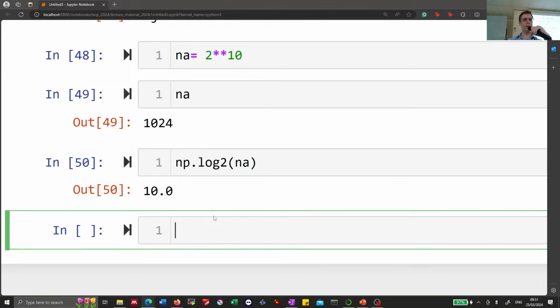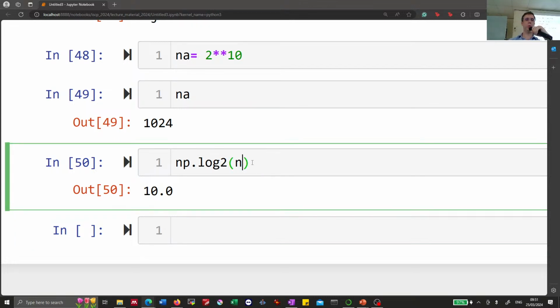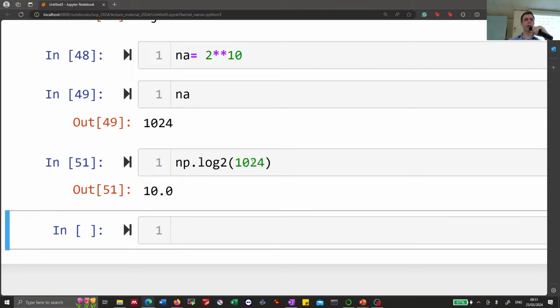So when I ask numpy, hey, numpy log2, what is the exponent of 1024, either through na or I can put in the number directly, it tells me it's 10. Because 2 to the power of 10 equals my argument, 1024. But be very careful.